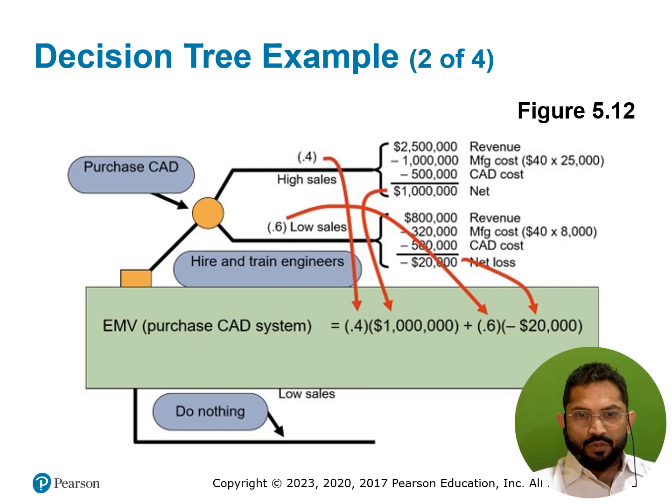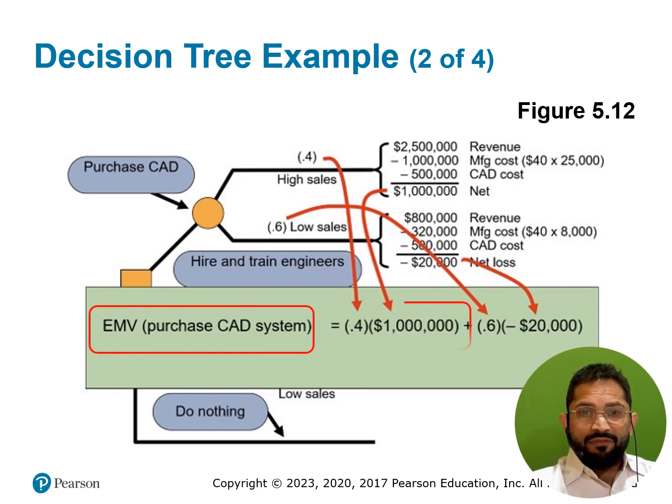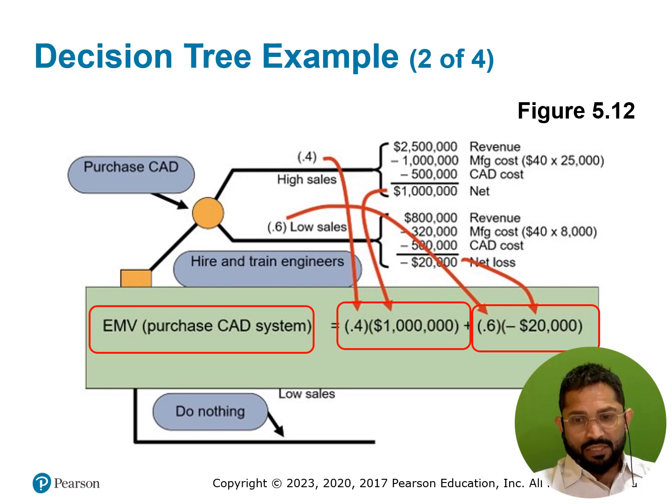EMV is equal to 0.4 into $10 lakh plus 0.6 into minus $20,000. EMV therefore is equal to 0.4 into $10 lakh plus 0.6 into minus $20,000.